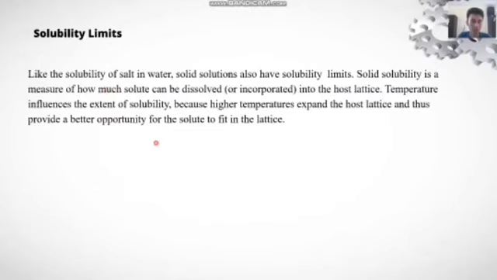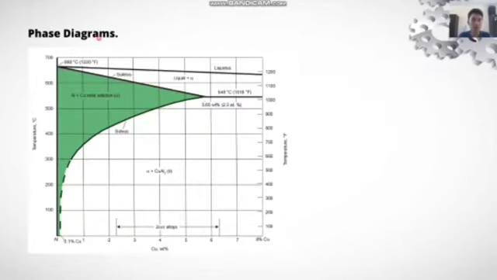Solubility limits. Like the solubility of salt in water, solid solutions also have solubility limits. Solid solubility is a measure of how much solute can be dissolved or incorporated into the host lattice. Phase diagrams: this temperature in Fahrenheit and this temperature in Celsius.